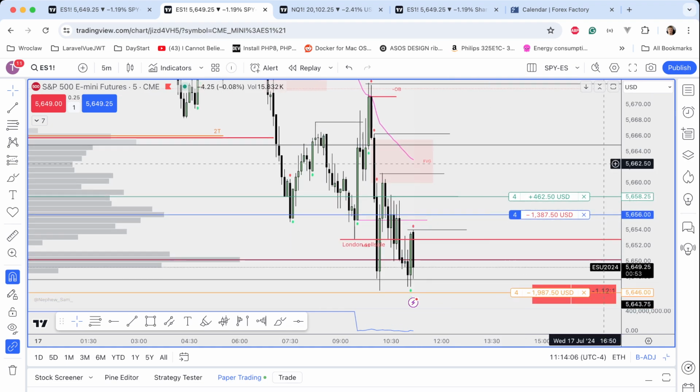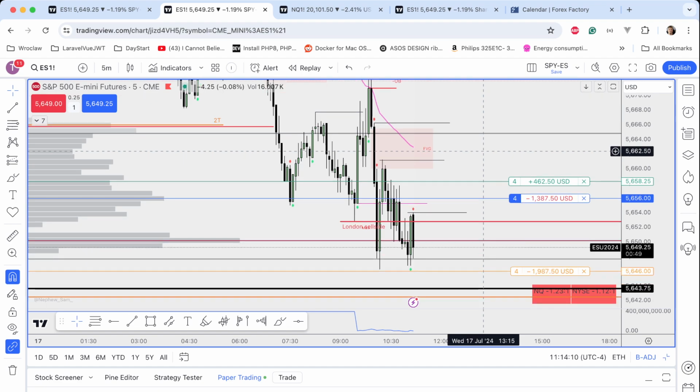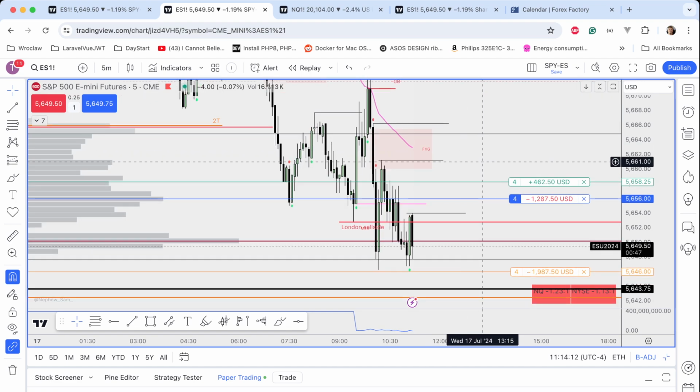And that is a common theme in my trading. I will make some money at the open, and then I will give it back, and then I will blow out the account. Very common thing. But we're working on that thing.